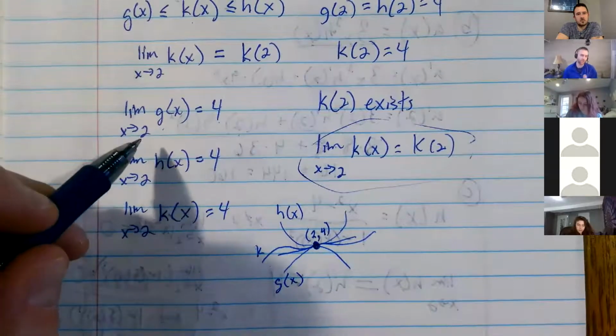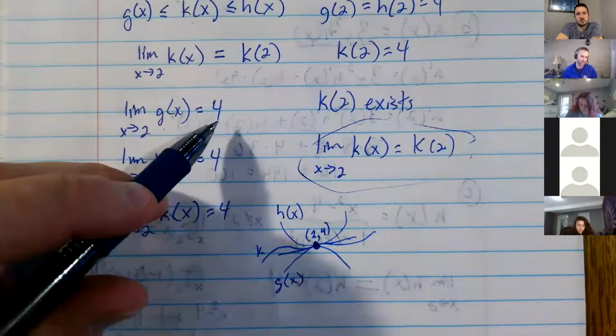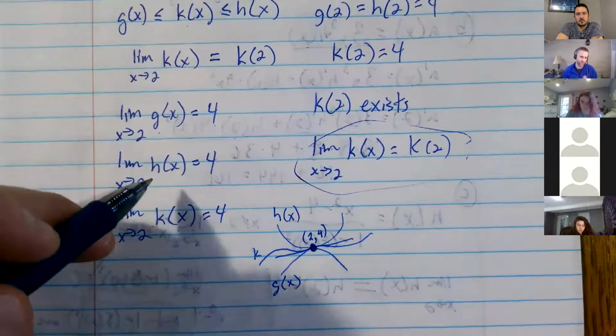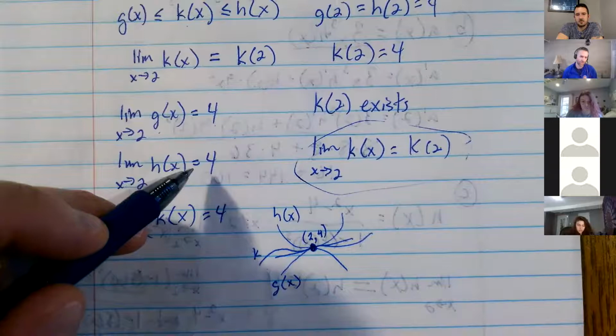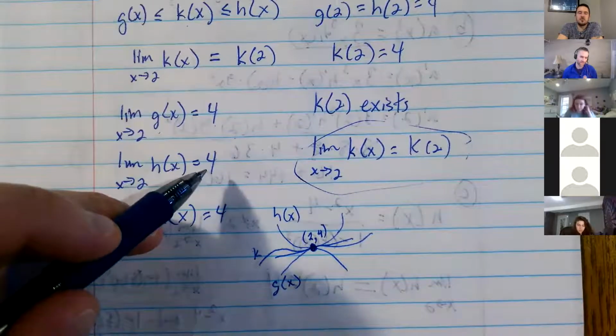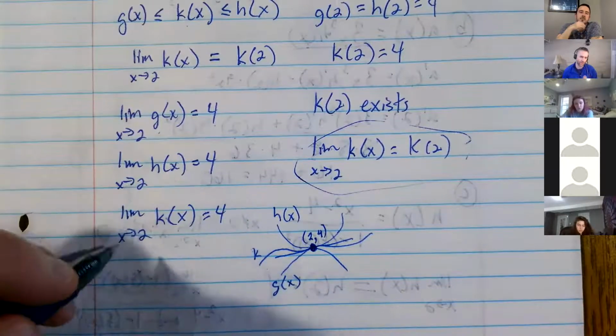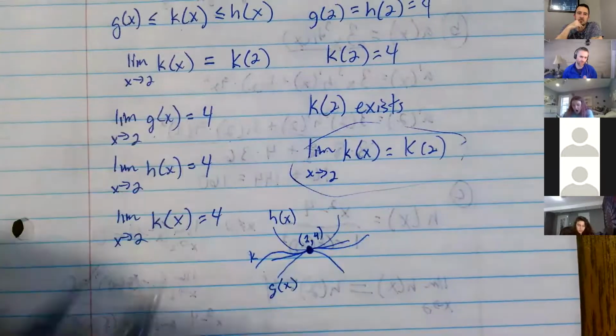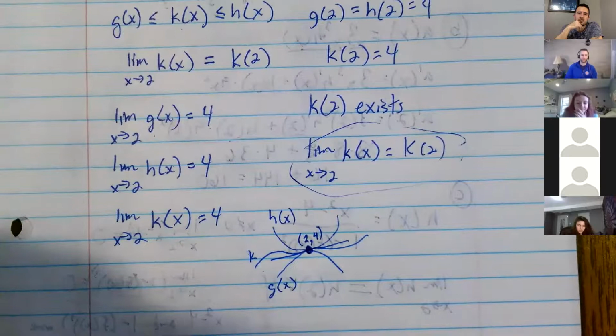So the limit as x approaches 2 of g must equal g of 2, which is 4, and the limit as x approaches 2 of h must equal h of 2, which is 4. Therefore, the limit as x approaches 2 of k must also equal 4. So you really have to state something, in my opinion, about the definition of continuity.